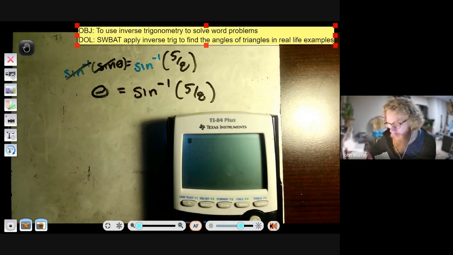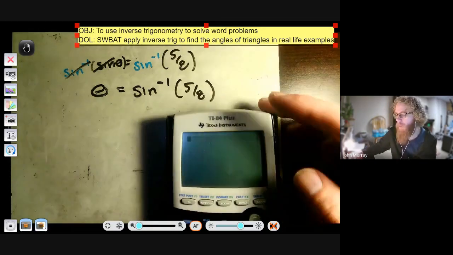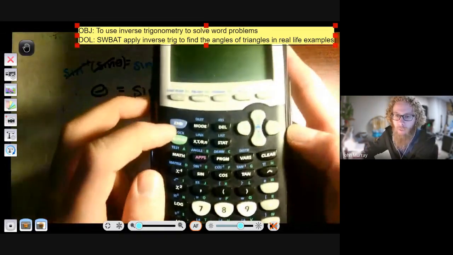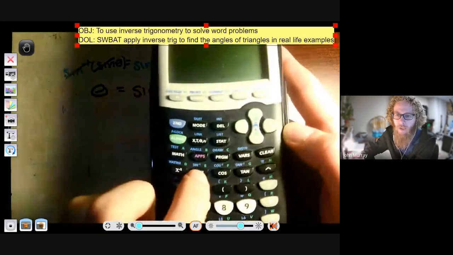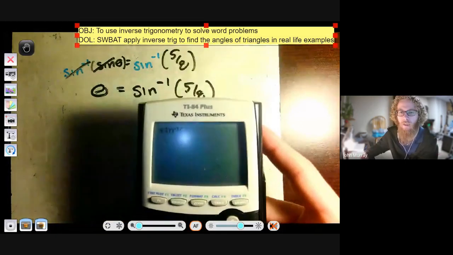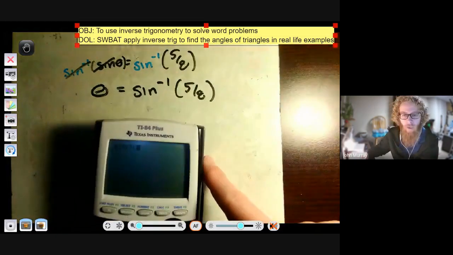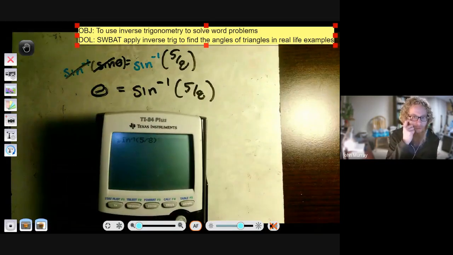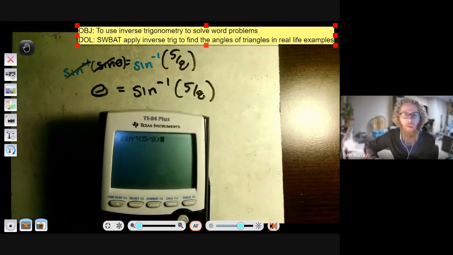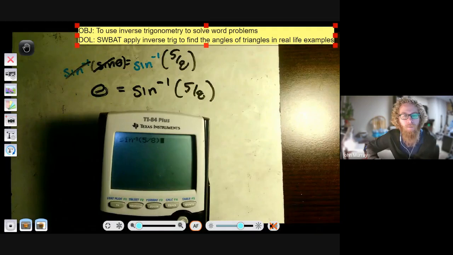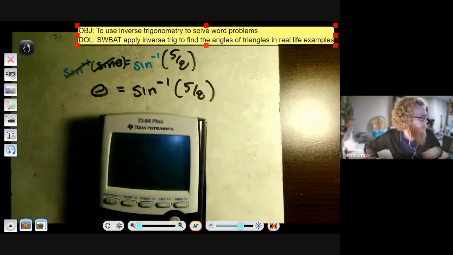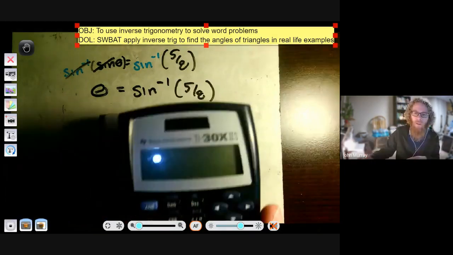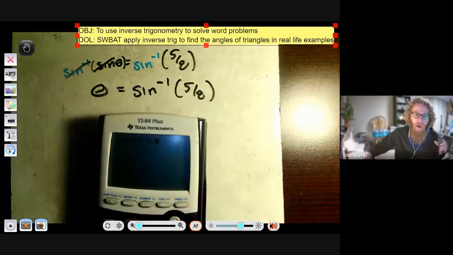So again, to get the inverse sine on a calculator, you hit the second button and then sine, and it puts the sine to the -1 there. Now I can just type in 5 divided by 8, and that's good enough. If you have one of the lesser calculators, you don't have to punch in the fraction.